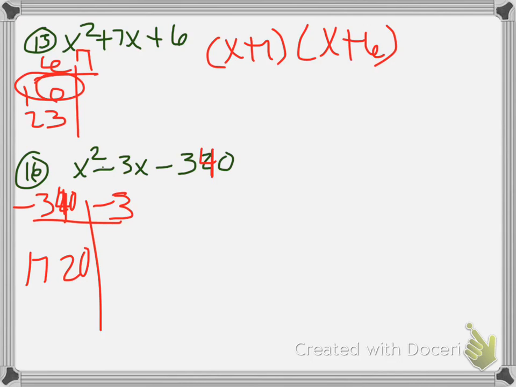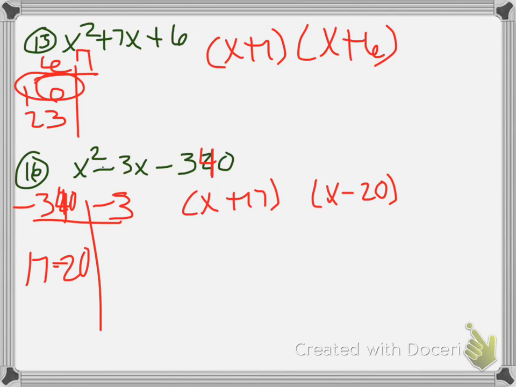Now, when you look at 17 and 20, who has to be your negative and who has to be your positive? The 20 has to be the negative. So I end up with x plus 17 and x minus 20.